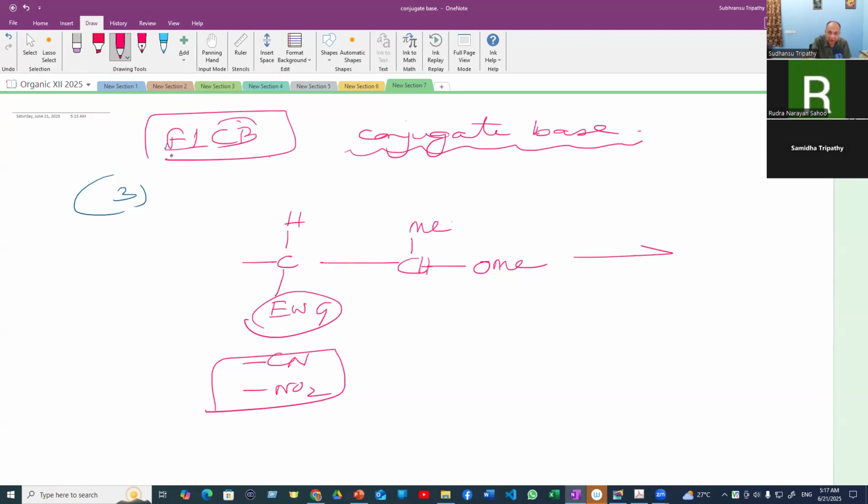In that case, what happens? In the rate determining step, the base that you use, strong base that you use, will first abstract the beta proton to form a stable carbanion. That is the conjugate base. That is why we say E1CB, conjugate base.